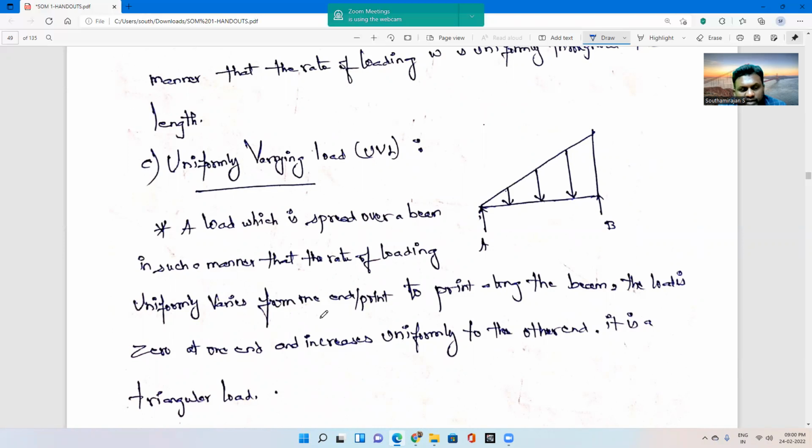For example, if the value of the UVL is 3 kilonewton per meter, then initially the value will be 0 and it will uniformly vary up to a magnitude of 3 kilonewton per meter. The variation in the load directly indicates the uniformly varying load.